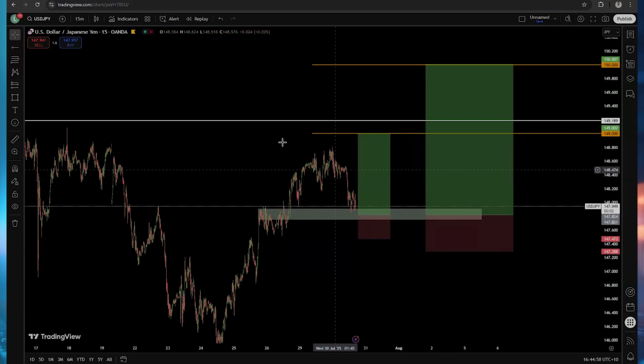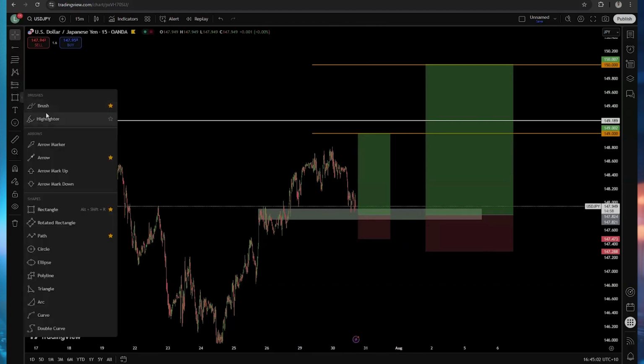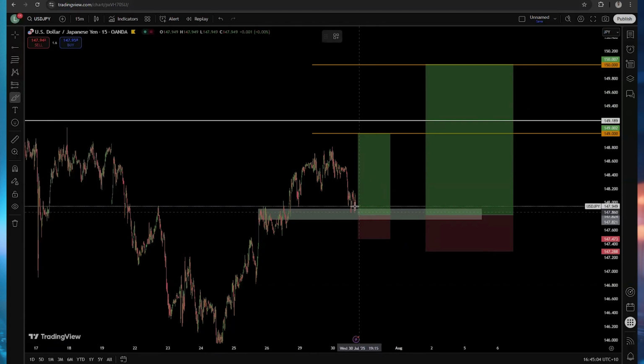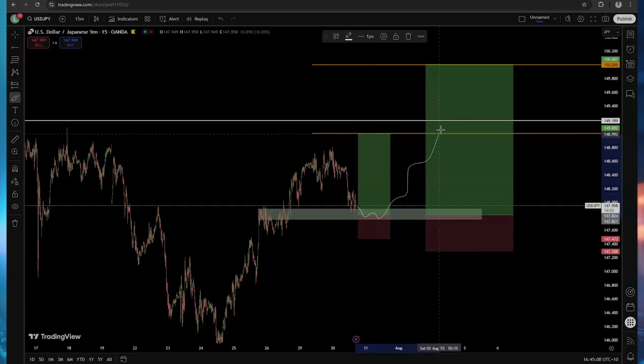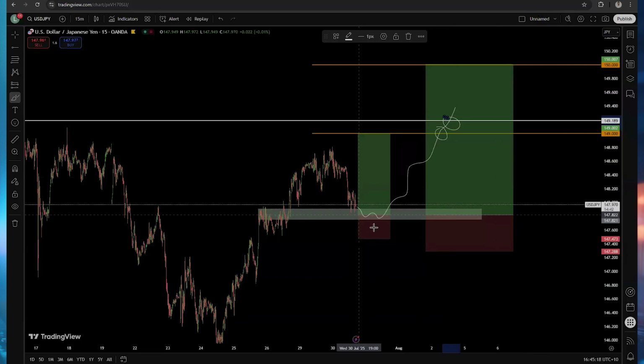Let me just grab my pen. If something happens like this, and the market ends up going up and breaks 149,200, hitting our target, I would be looking to close 50%.